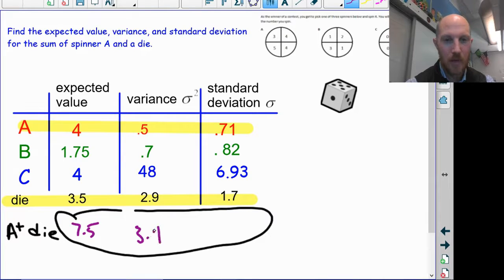So that'll be 3.4. To get the standard deviation, I don't care what the previous standard deviations were. That doesn't make any difference. I need to do the square root of that variance. So the square root of 3.4 is 1.844.